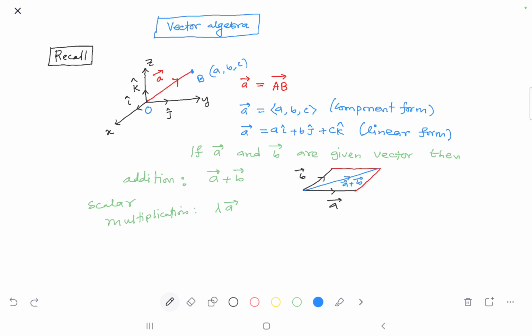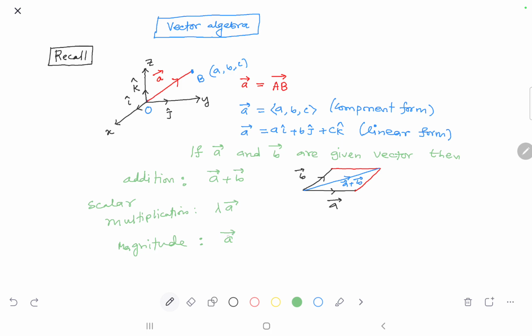We also defined the magnitude of a vector. The magnitude is nothing but the length of the vector.